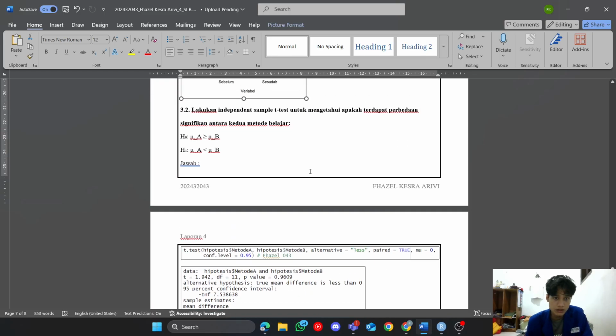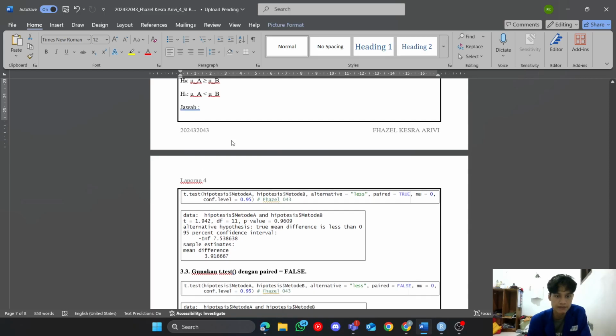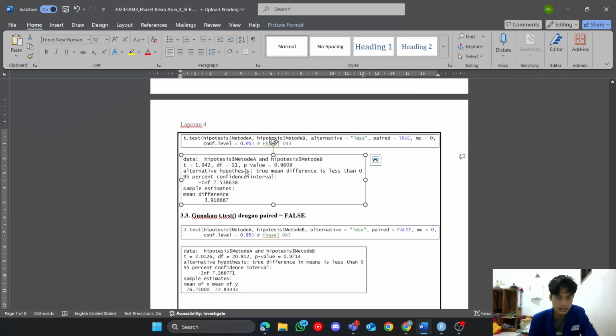And then with the independent sample t-test, we need to know whether mu A is greater than mu B or mu A is less than mu B. So with the syntax t-test of method A, method B, alternative is less, pair equal true, mu equal 0, confidence level is 0.95, the result is like this.